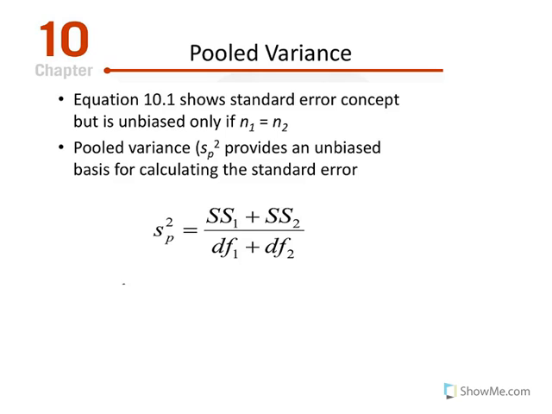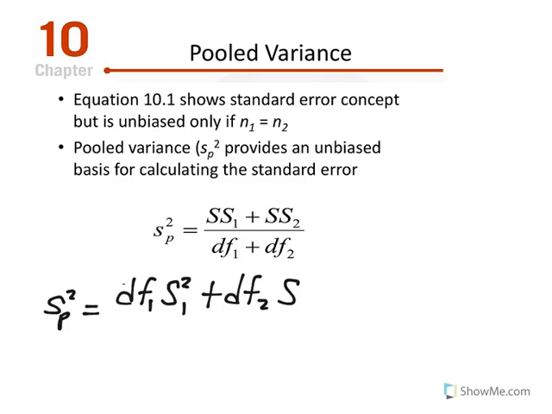So the alternative equation for pooled variance: variance is always s squared, the subnotation of p just means pooled, and it is equal to the degrees of freedom for our first sample multiplied by the variance of our first sample, added to the degrees of freedom for the second distribution multiplied by the variance of our second distribution, and once we take the summation of those two products, over the degrees of freedom for our first distribution added to the degrees of freedom for our second distribution.